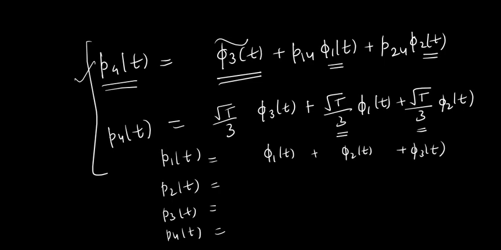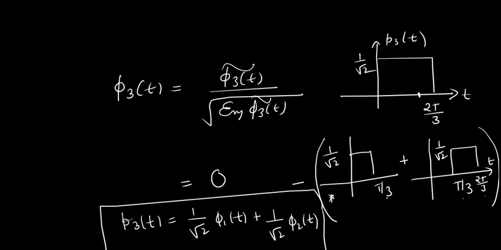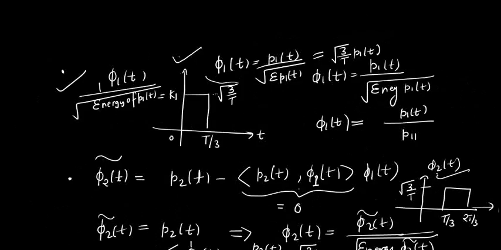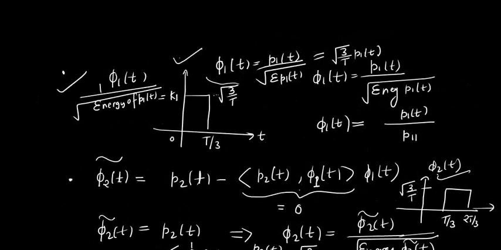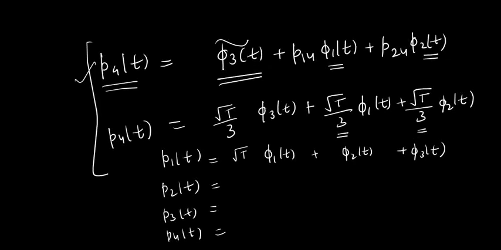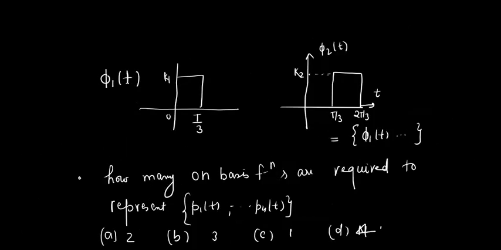Look, p1(t) is root 2 by 3 phi 1(t), 0, 0. Clear?